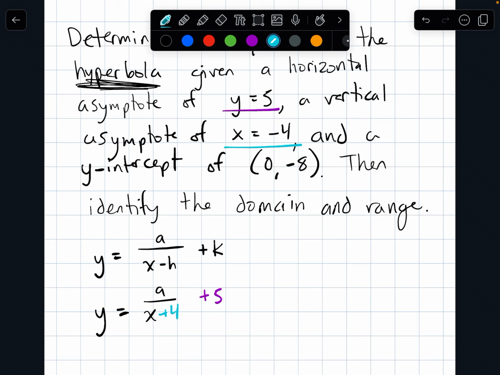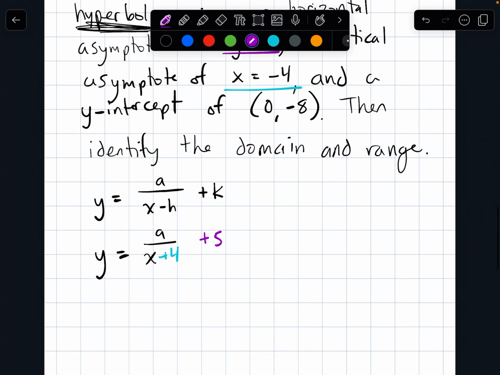All right, so we've gotten the horizontal asymptote taken care of, right? We replaced the k with 5, and we've gotten the vertical asymptote taken care of. We replaced h with -4. But we haven't quite figured out what this equation is because we still have an a value here. And I don't want to have that a value, I want to have a number. And this is where the y-intercept comes in.